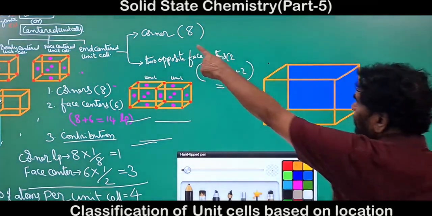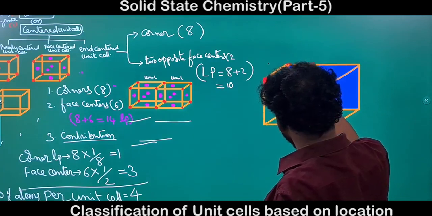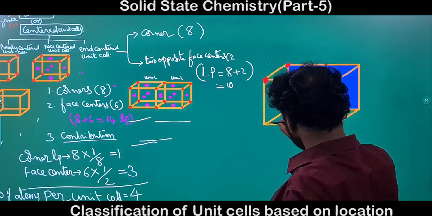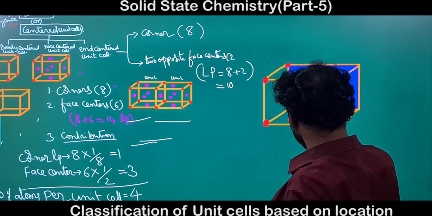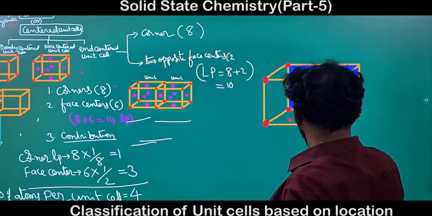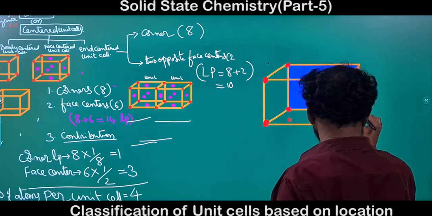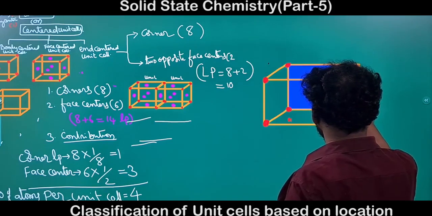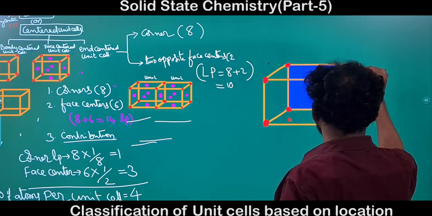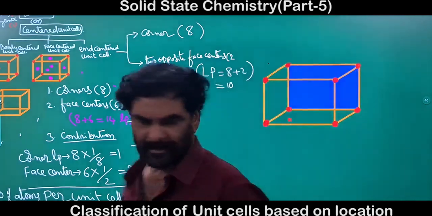So 8 corners that are filled with the 8 lattice points. Four corners, 5th corner. That's all.